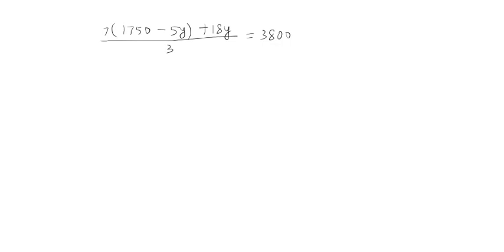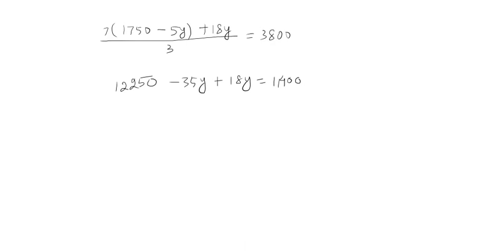So I have to multiply it. 7 5s are 35, carry 3, 7 7s are 49, plus 3 is 52, then 12. Here it is 35y plus 18y. 3 8s are 24, carry 2, 11.